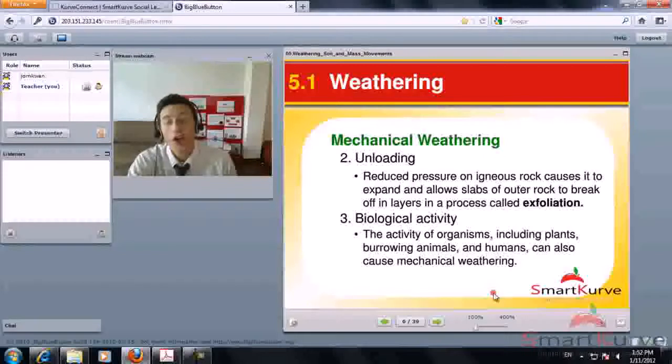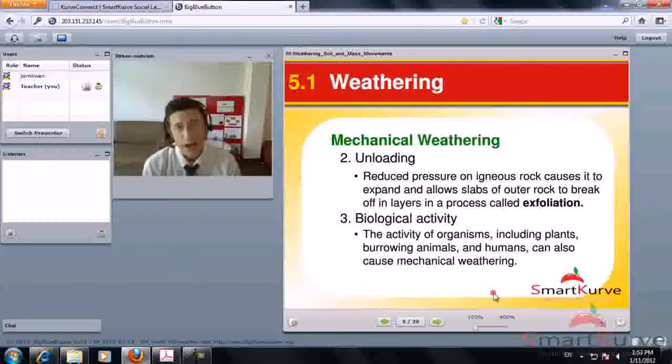Number 2 is unloading. This is the reduced pressure on igneous rock causes it to expand and allows slabs of outer rock to break off in layers in a process called exfoliation. Remember what we've learned about igneous rock. Remember that igneous rock forms when magma freezes.